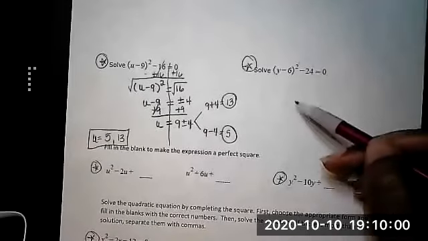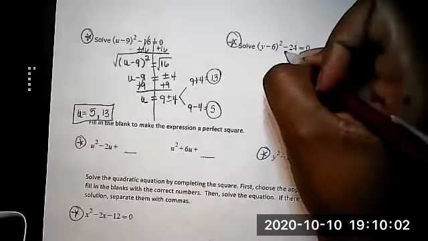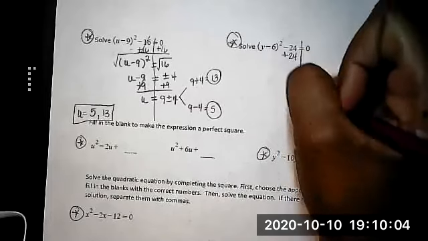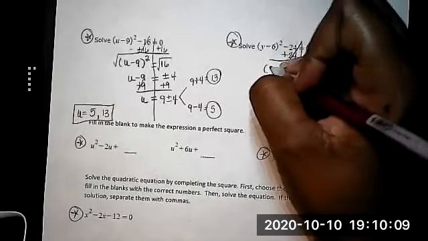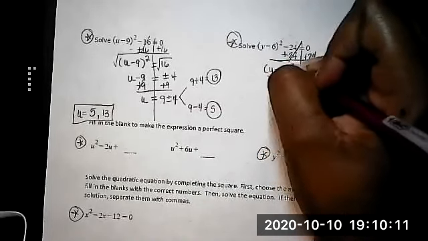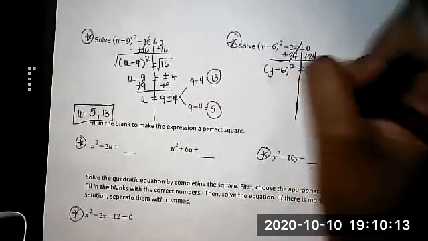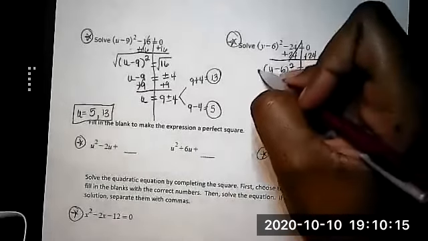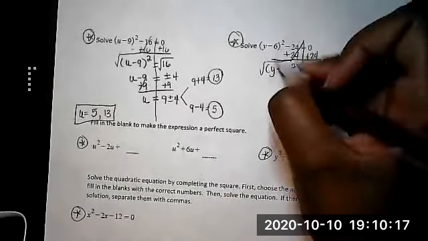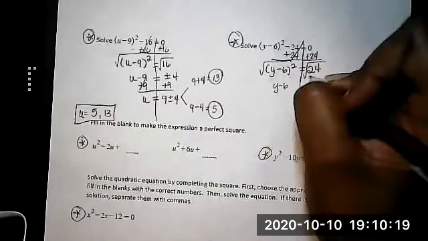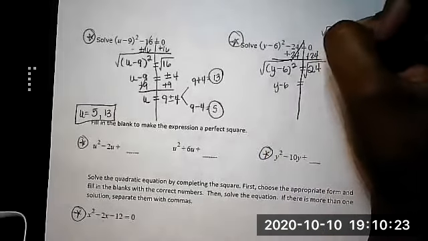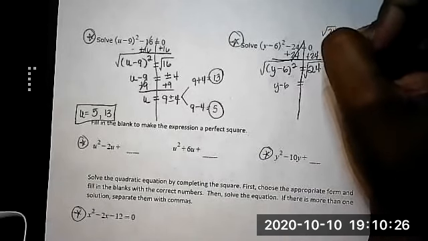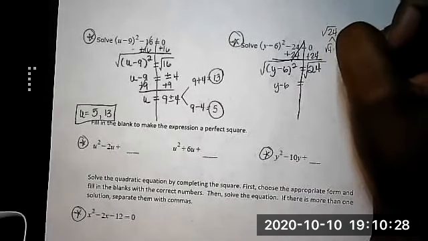Let's try it again here. We are going to add 24 to both sides. This becomes y minus 6 squared equals 24. Take the square root of both sides. This becomes y minus 6 equals, and then the square root of 24 has a square root of 4 and a square root of 6 in it.